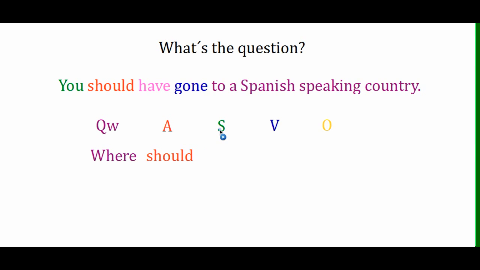Where should, and then the response says you should have gone to a Spanish-speaking country. So the question, the subject must be I. And then the verb in the past participle, well, we've used gone in the example, so let's try that. Okay, where should I gone? The thing we're missing, have. Where should I have gone? You should have gone to a Spanish-speaking country.